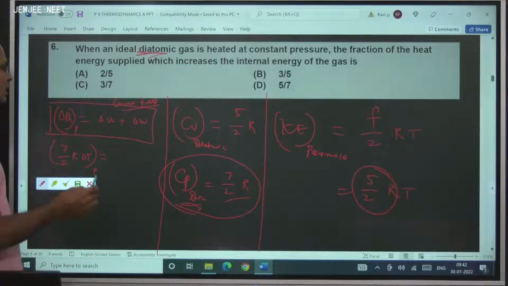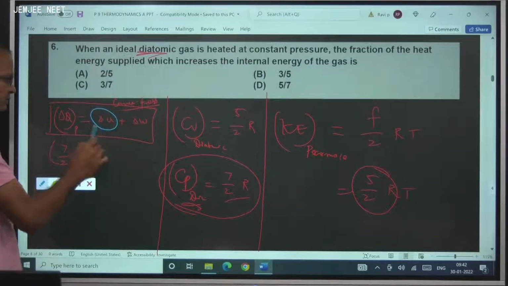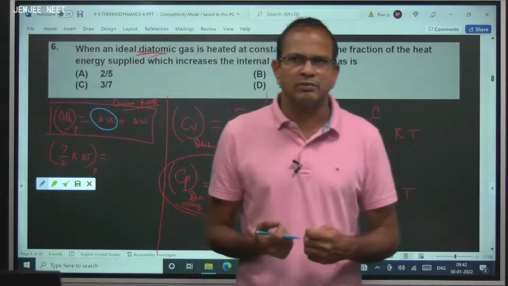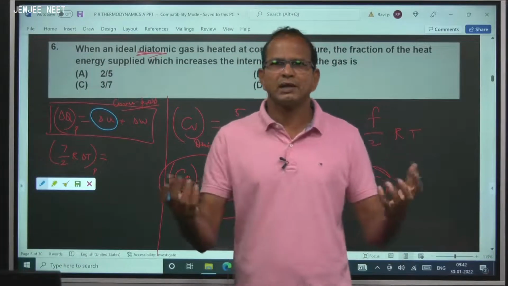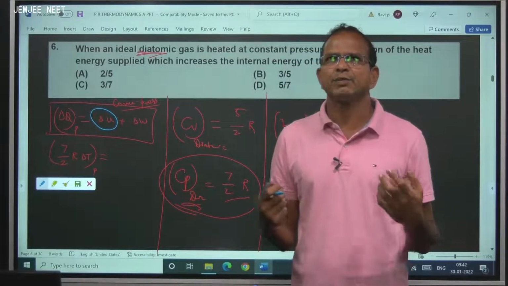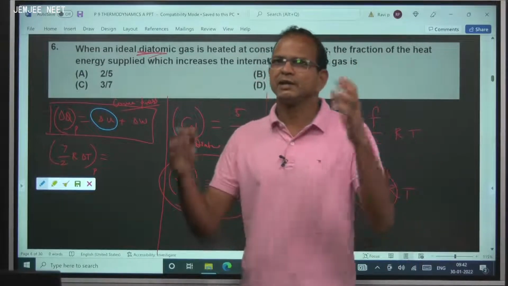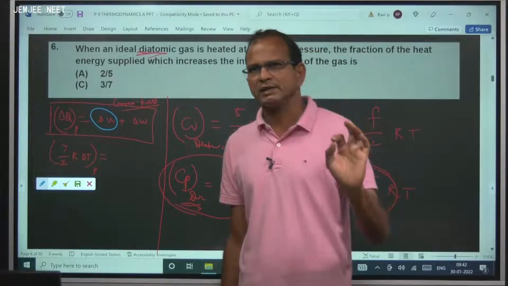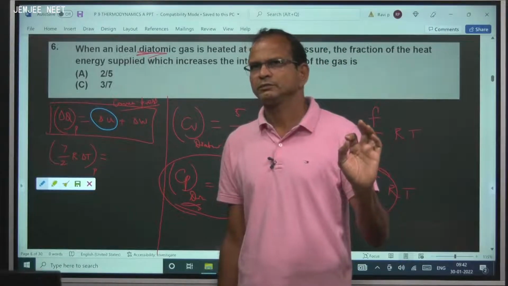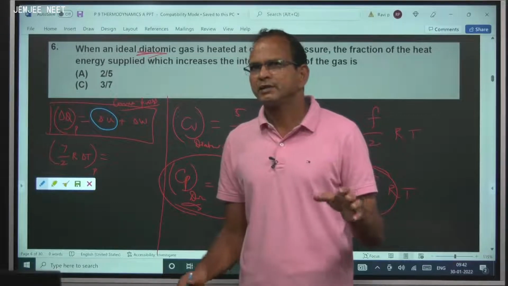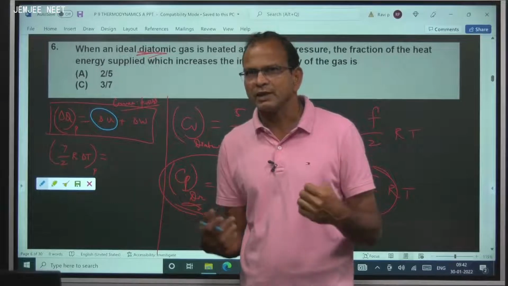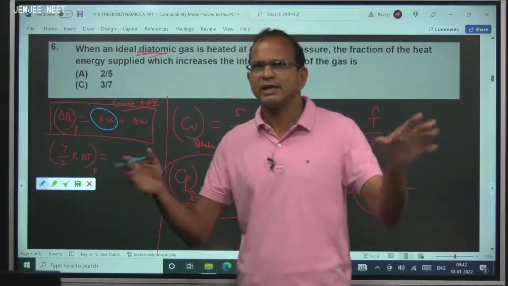Good. This internal energy is always our trump card, and our tricky point. Where will you collect the formula for internal energy from? You can collect it from any source anywhere in physics.